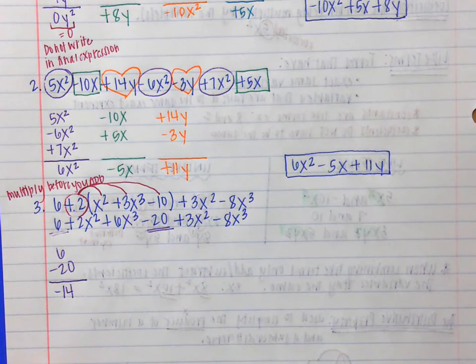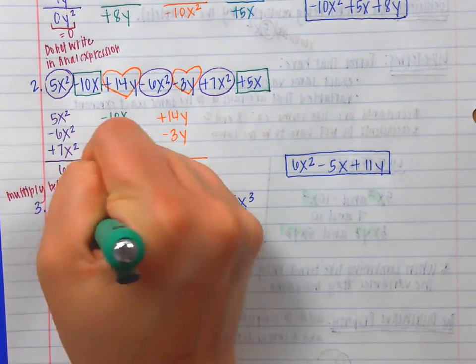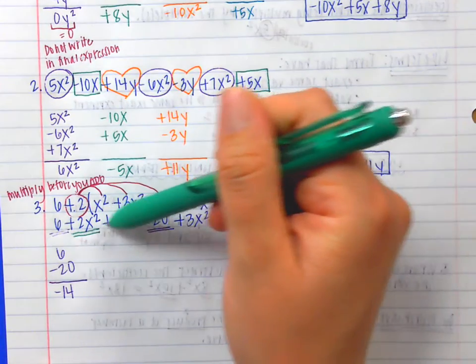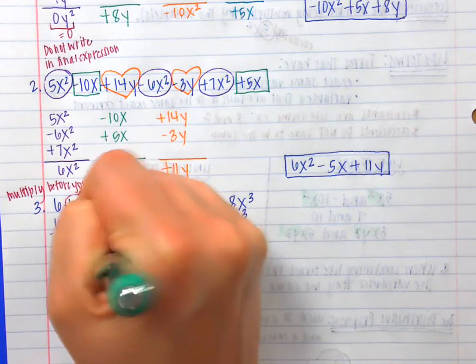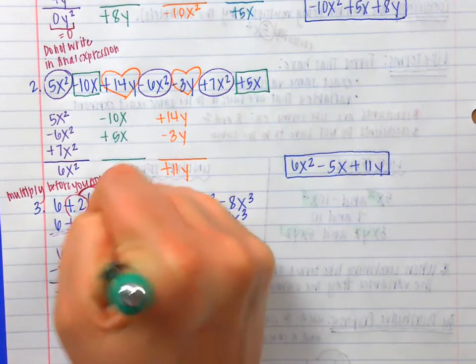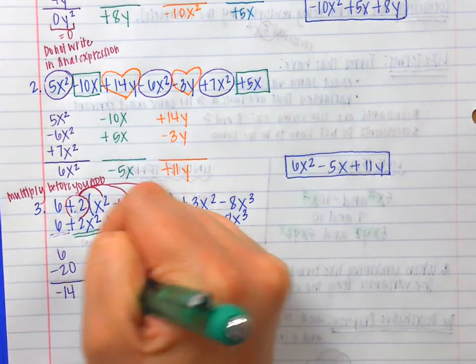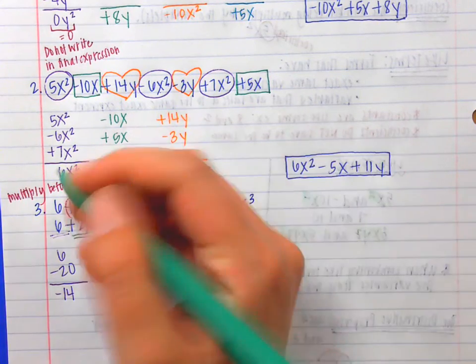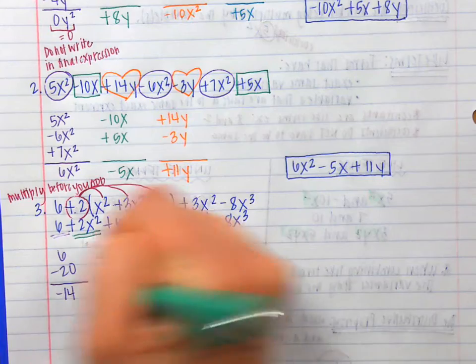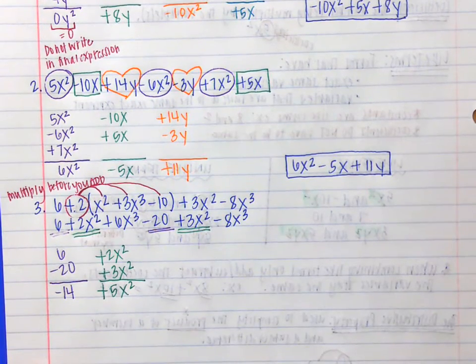Then I move on to my 2x squared. I look for anything else with an x squared, 3x squared. And now I can combine those. So I just add the coefficients. 2 plus 3 is 5x squared, a positive 5x squared.